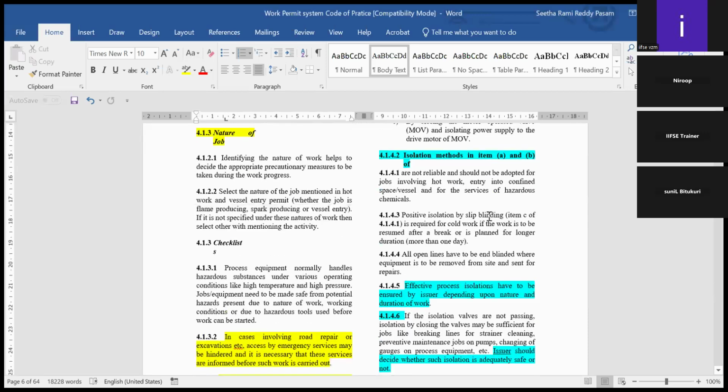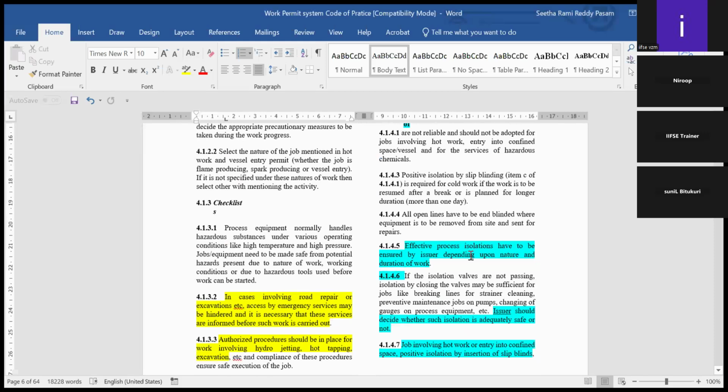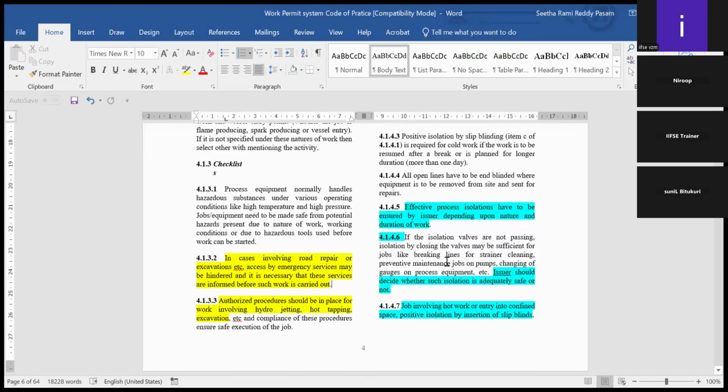Then isolation method in items A and B. So as we see here, these are the procedures. Effective process isolation has to be ensured by the issuer depending upon the nature and also the duration of the work. So for effective isolation, he has to check physically whether the isolation is effective or not. Then the issuer should decide whether the isolation is adequately safe or not.